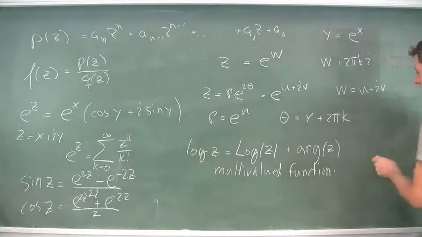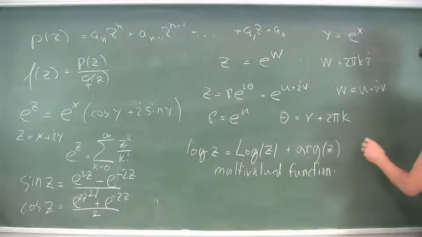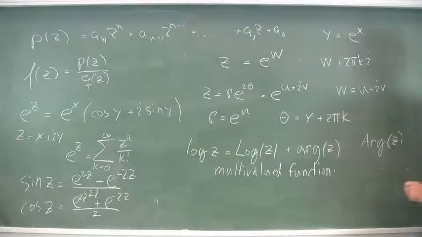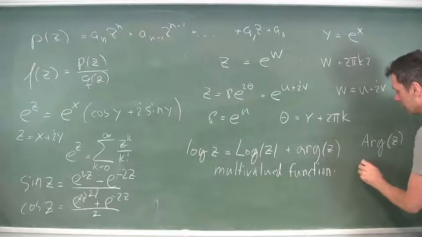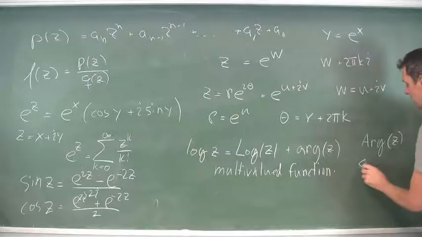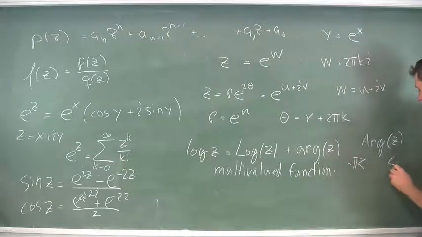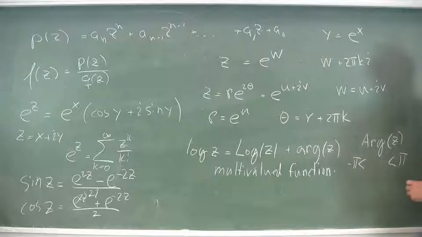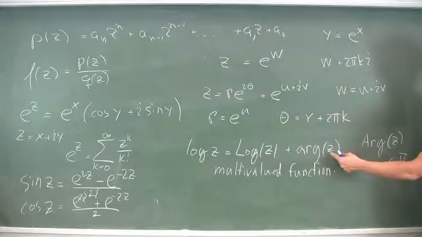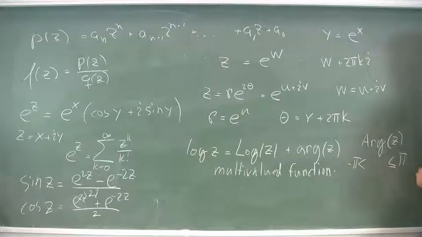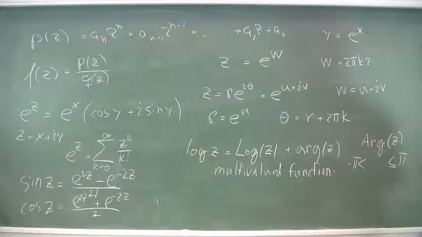And the most common choice then is to use what's called the principal argument, which by definition is the argument which lies in the interval from minus pi to pi, where we have equality here then. So for every complex number, you can choose an argument then in this interval, and that's called capital A argument then, or the principal argument function.